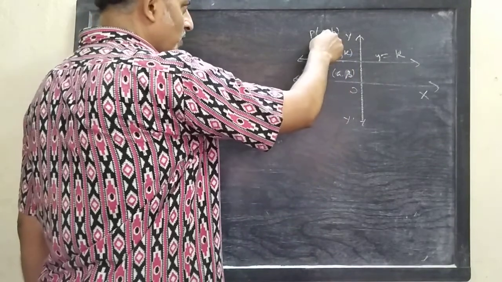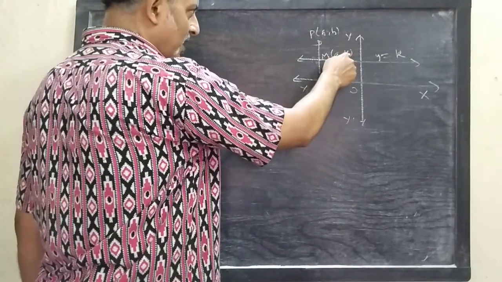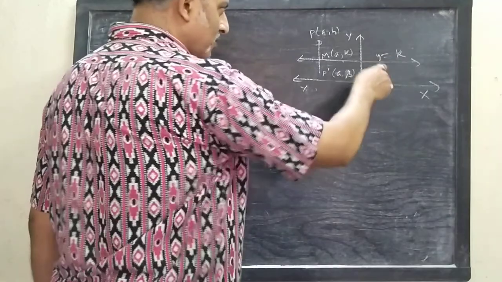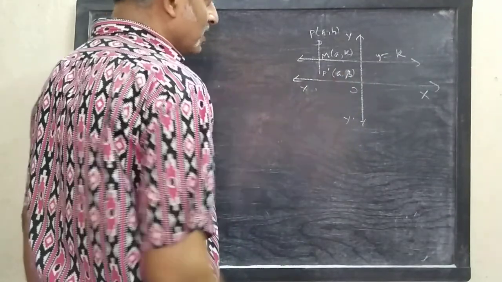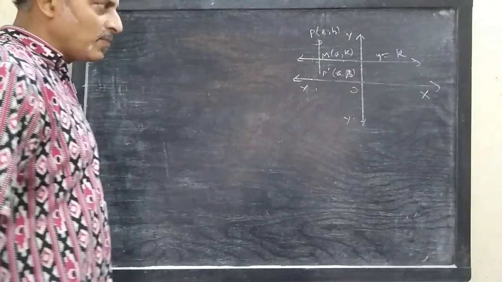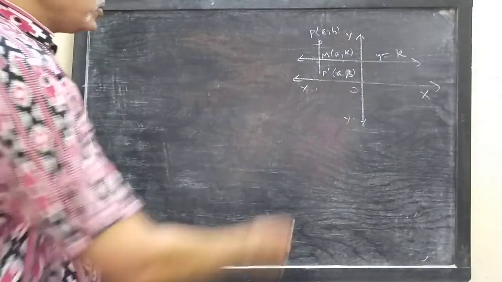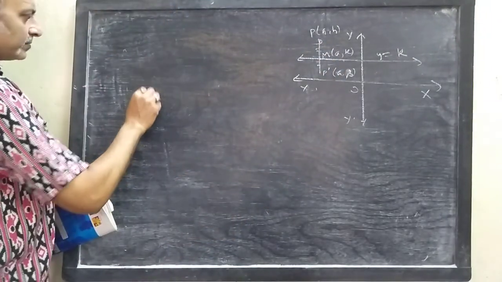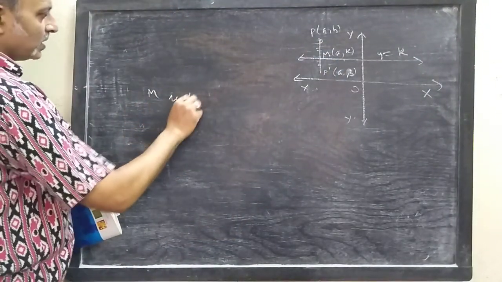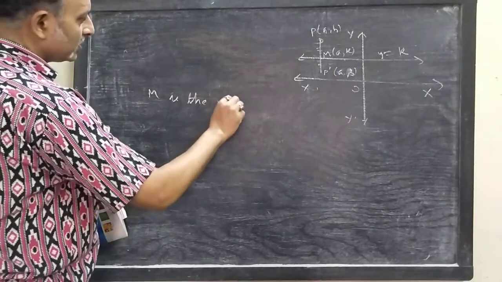The ordinate of this point is B, the ordinate of this point is K. Why K? Because this point lies on y equals to K, and say the image of the point P dash is A comma beta. Now, according to principle of reflection, M is the midpoint of P P dash.